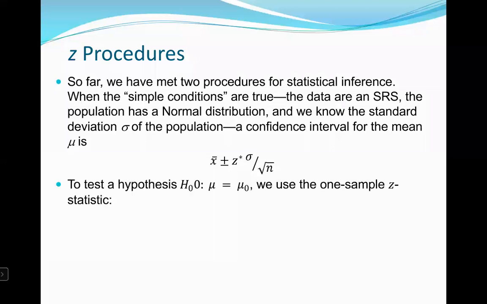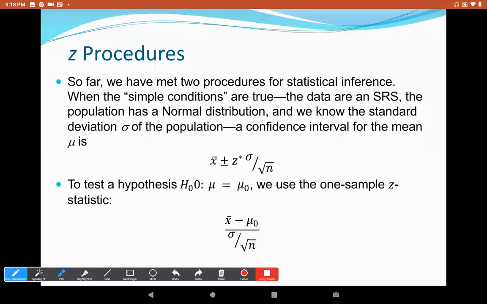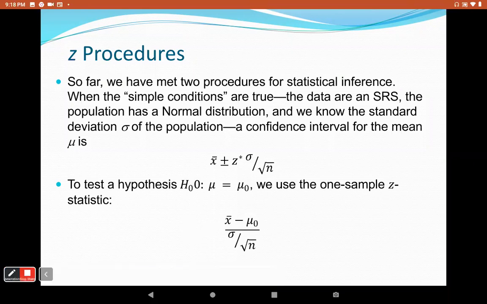To test a hypothesis, H naught: mu is equal to mu naught, we use the one sample z statistic, z equals x bar minus mu naught divided by sigma, which itself is divided by root n.